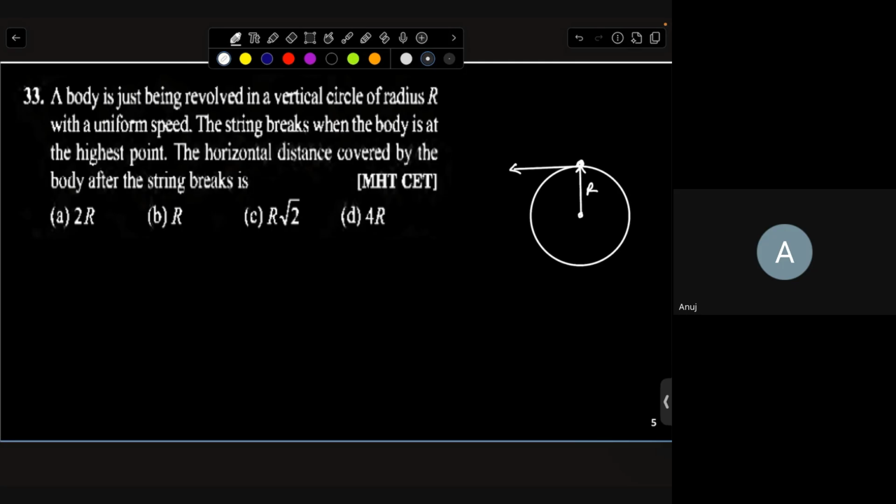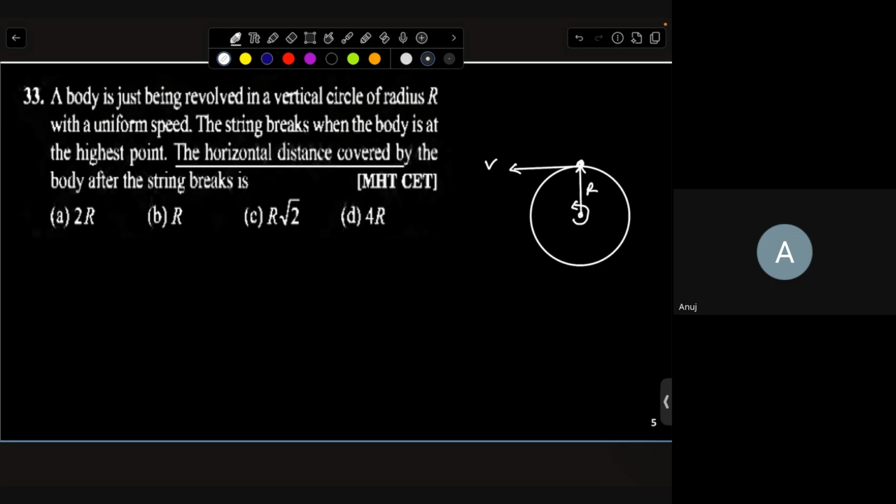At this point, if you are assuming the circular motion in this direction, then the direction of velocity will be this, correct? If the string is broken, it will go with this velocity in the negative x-axis, and they are asking for the horizontal distance covered by the body.